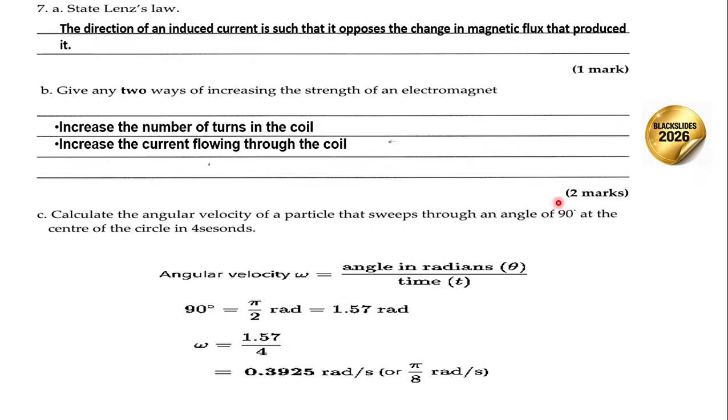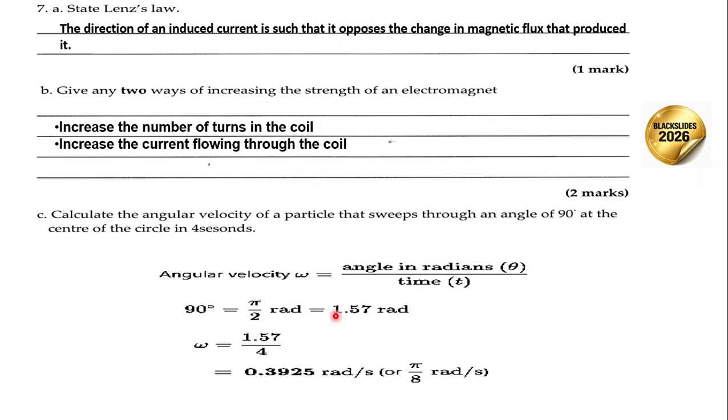Remember that 90 degrees is the same as pi over 2 radians. This is the angular displacement. So angular displacement divided by time will give you angular velocity.